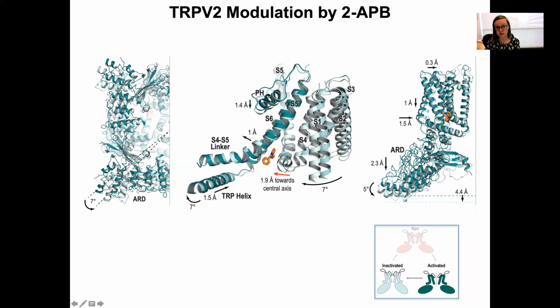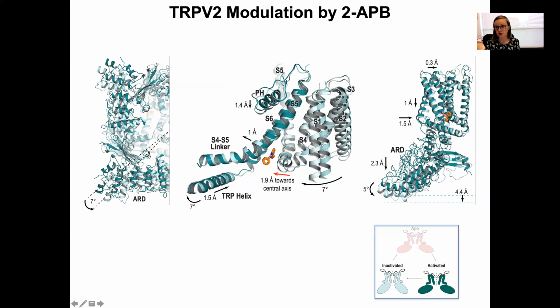The drug is still there, so the binding pocket is still slightly widened, of course, because the drug has not left the protein yet. But other conformations make the S5, S6 and P helix go down again, making the channel, as you can see here, go backward, not widen but shrink.